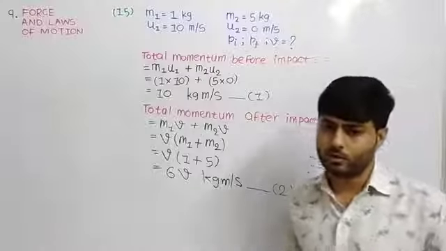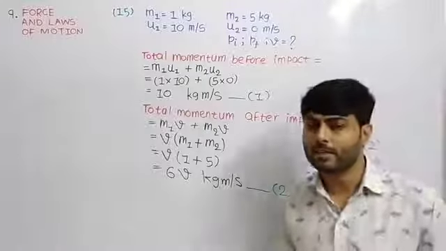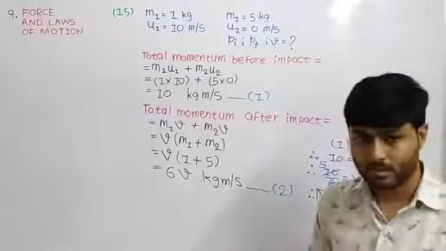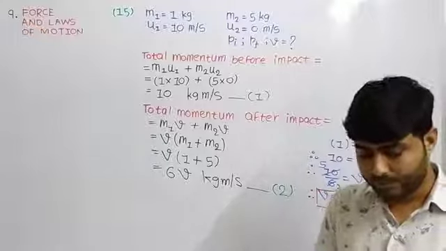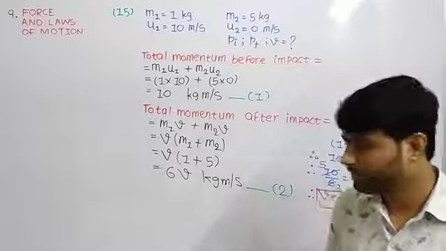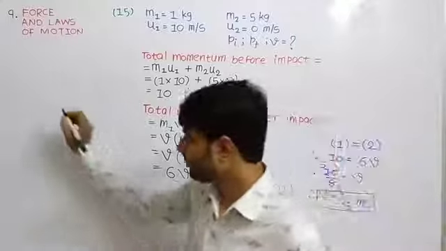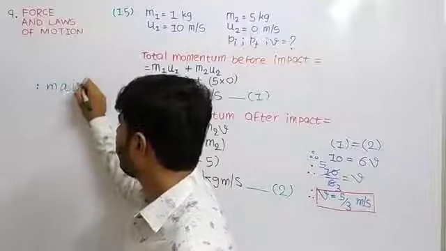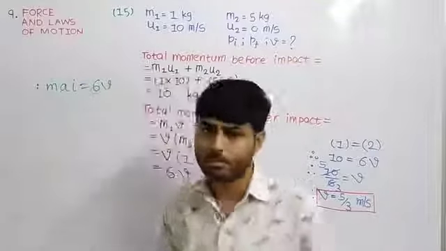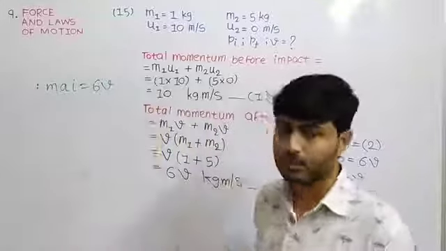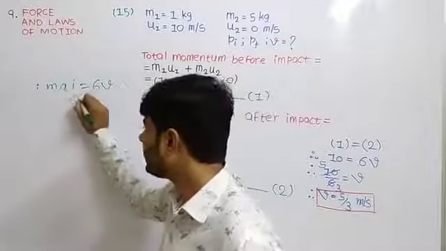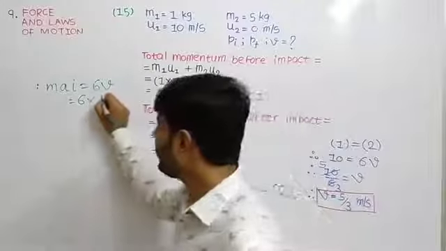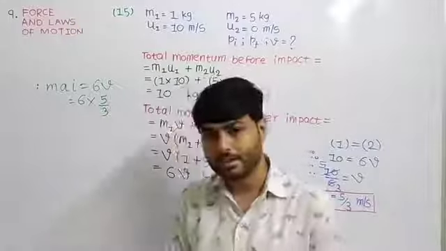Here we have one more question, that is momentum after impact. What is momentum after impact? That is 6v. So let's put the value in this result. Momentum after impact is equal to 6v, so I can write 6 multiplied by the value of v. We have v as 5 by 3, so I will write here 5 by 3.